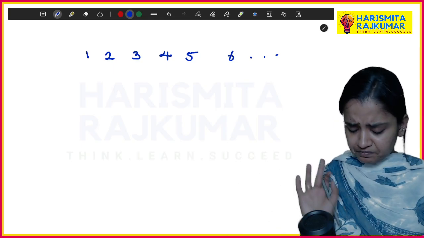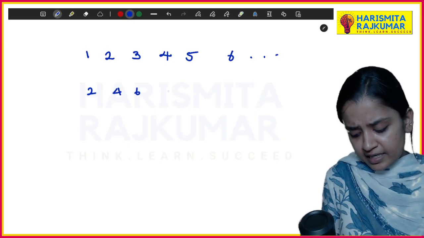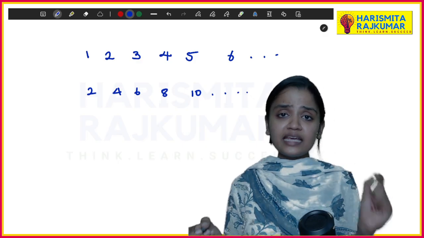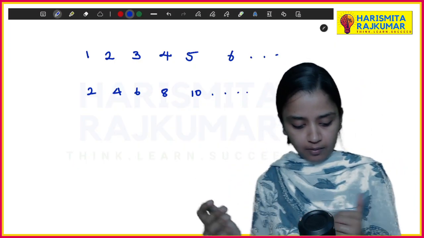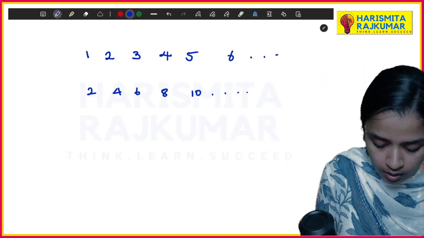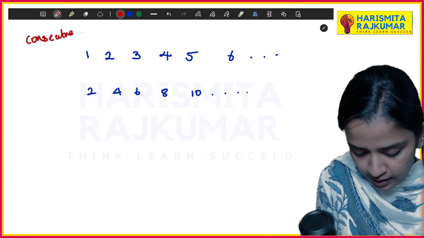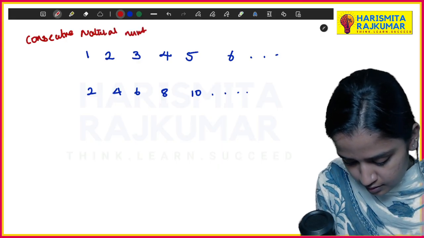And what are these numbers? 2, 4, 6, 8, 10, it goes on and on. These are even numbers, so these are consecutive even numbers. Let me write consecutive natural numbers.